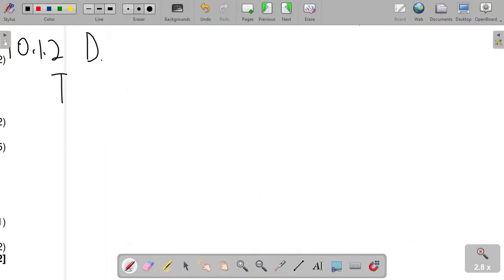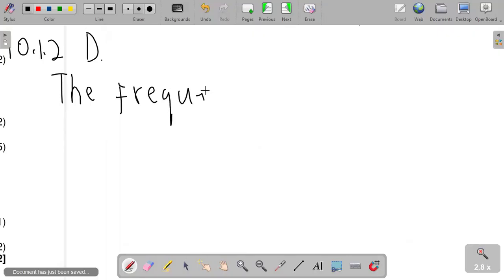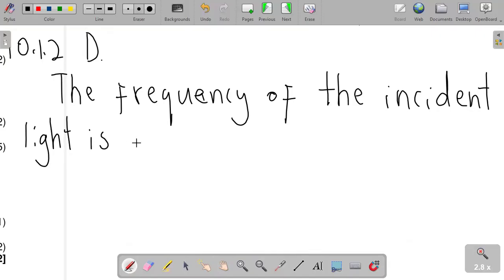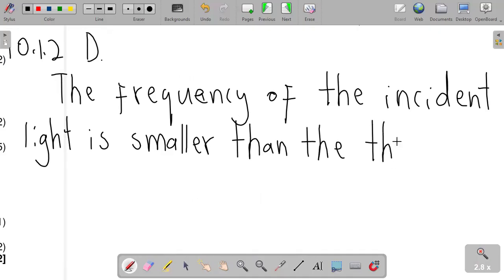And then we're going to say here: the frequency of the incident light is smaller than the threshold frequency.